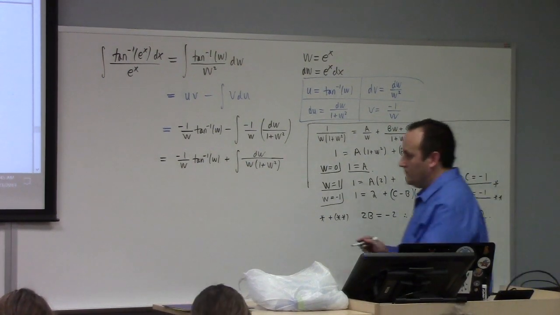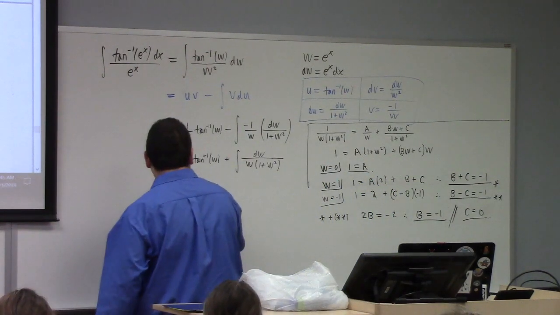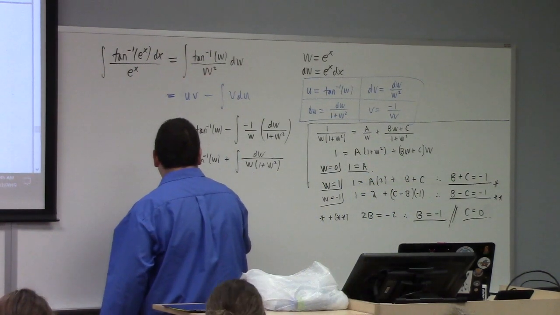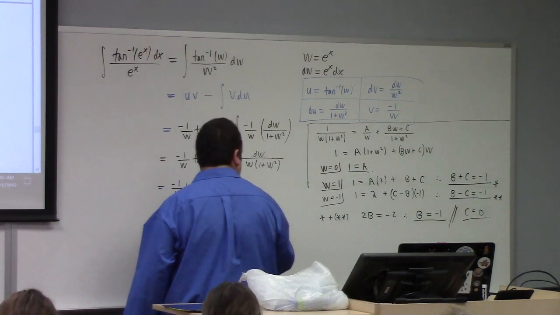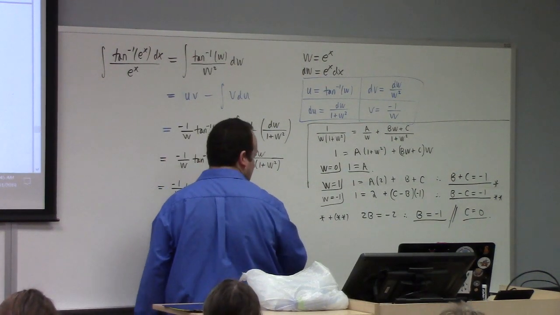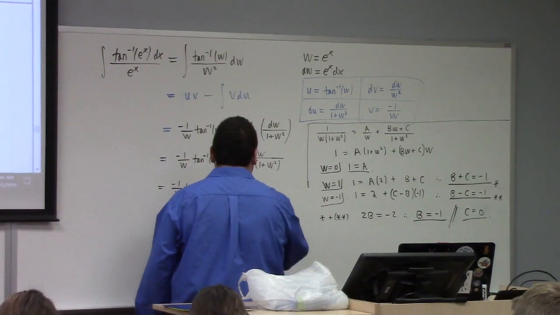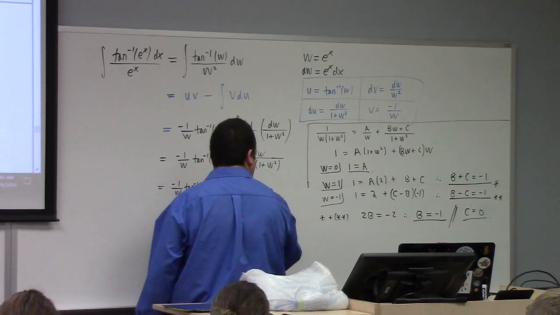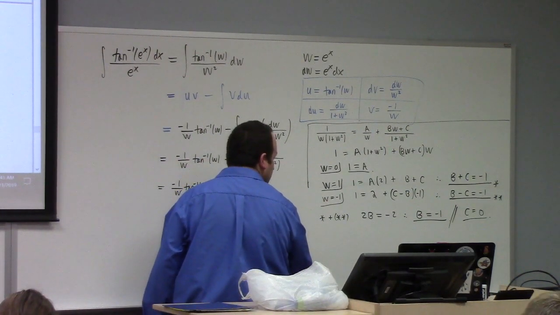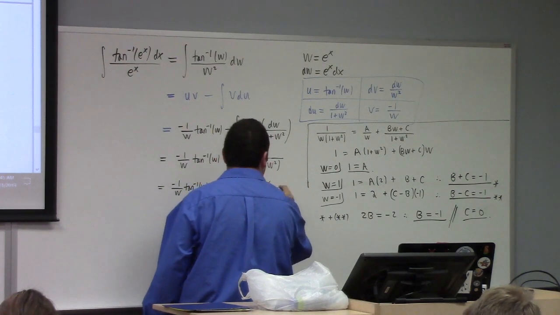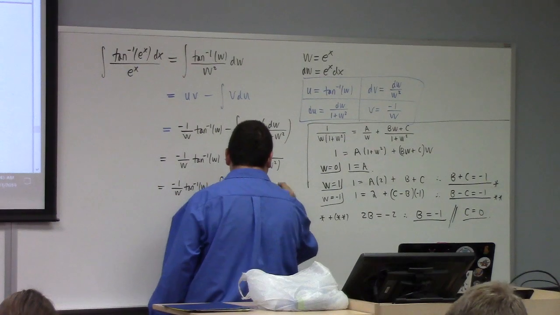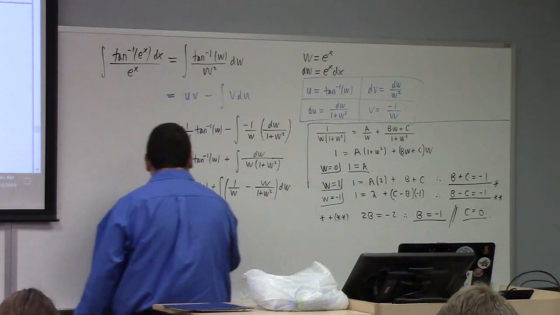All right. So going back over to here, we have minus 1 over w, inverse tangent of w, plus the integral of, after this little bit of algebra, a was 1, so 1 over w, and b was minus 1, so minus w over 1 plus w squared dw.